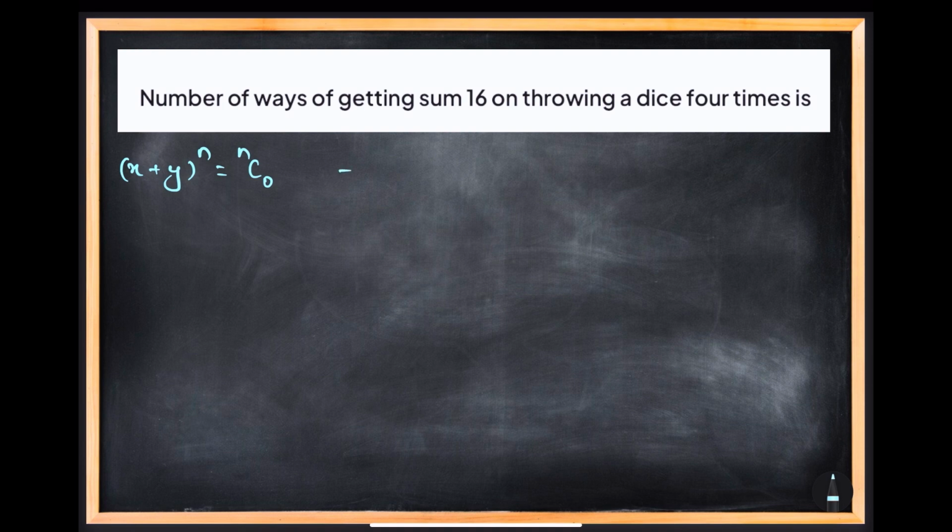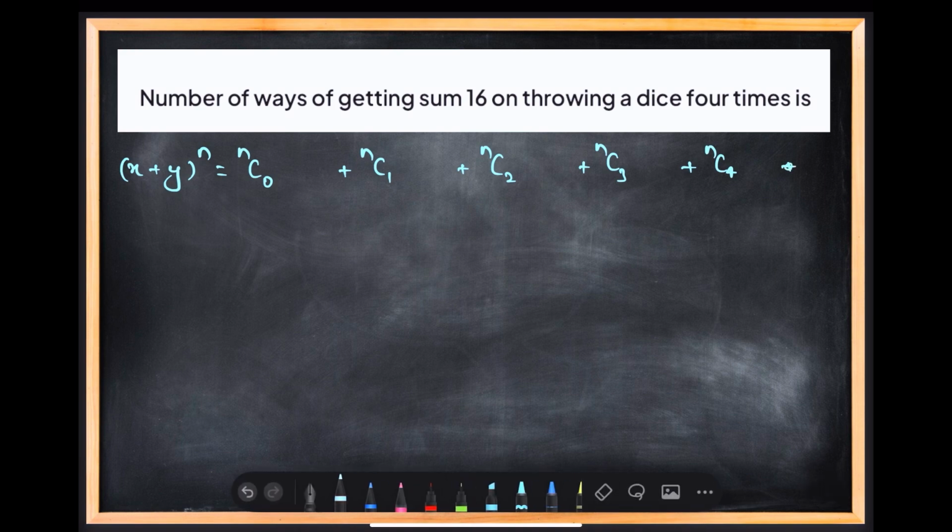First write the binomial coefficients. You will start with nC0 and then nC1, then nC2, then nC3, then nC4. You have to keep on doing this.